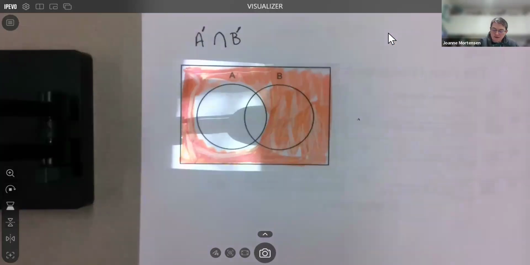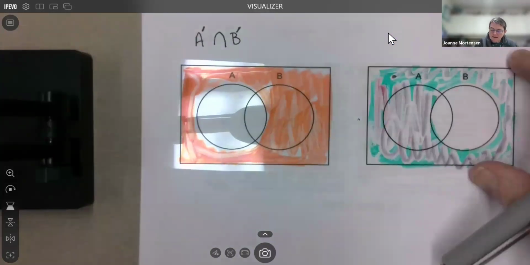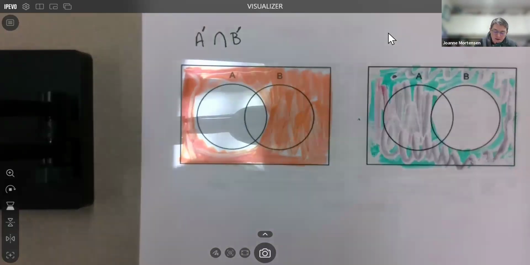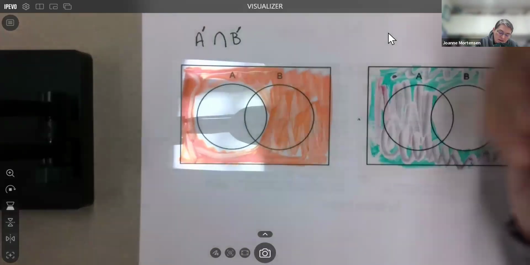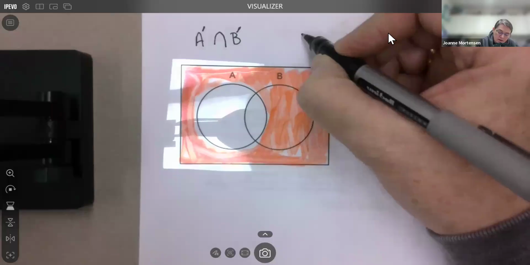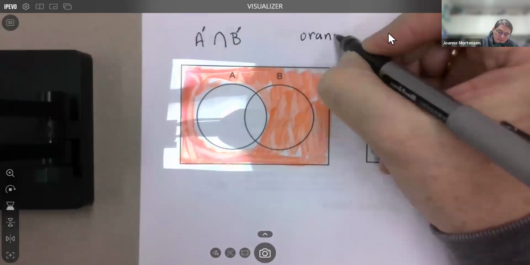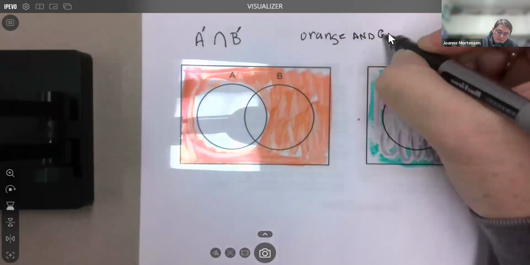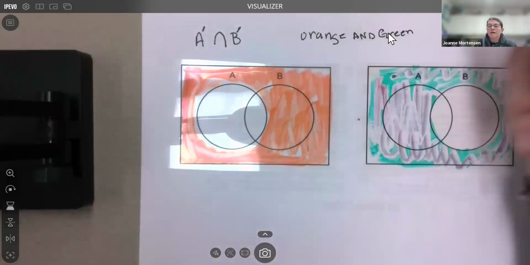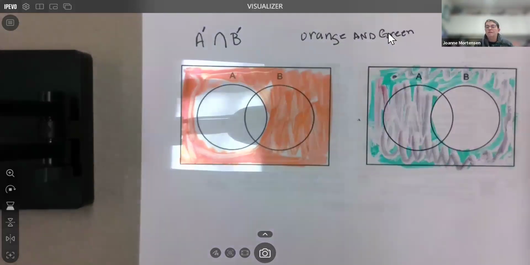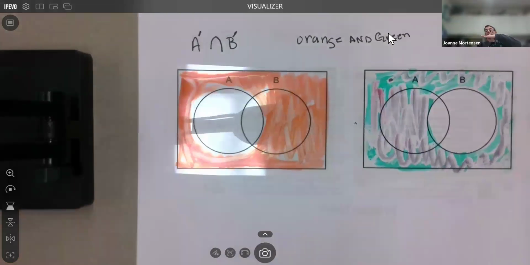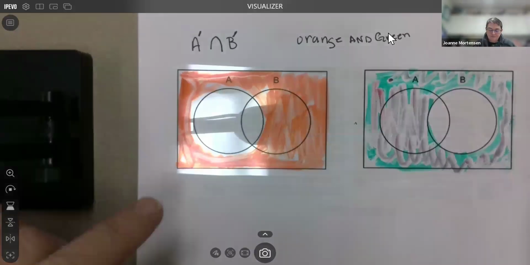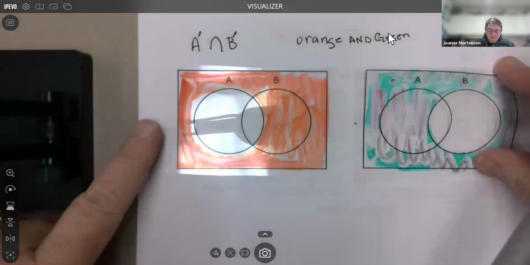And I need my B prime, which is that green one. And now it has to be orange and green. Right? That's what intersection means. It's like when two roads cross. It's Victoria and Albert at the same place in the middle. So overlap.